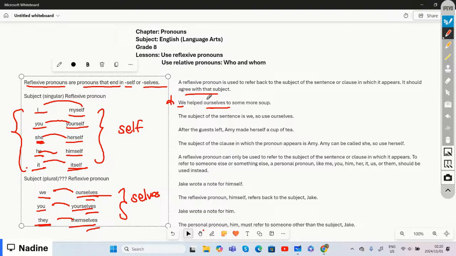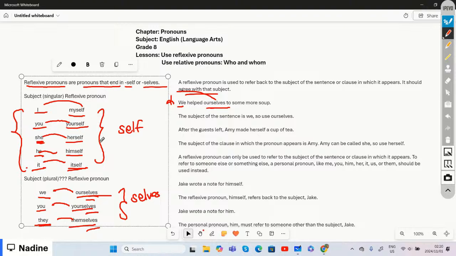And the reflexive pronoun ourselves refers back to we. We helped ourselves to some more soup. Ourselves refers back to our subject, which is we, right? So which means that our subject is we. So we use the reflexive pronoun ourselves.